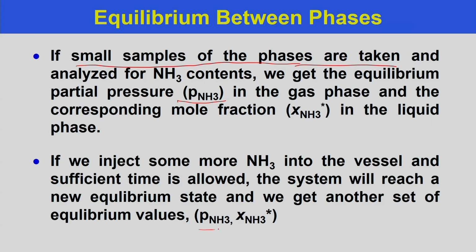We can calculate the partial pressure in the gas phase and the mole fraction in the liquid phase corresponding to that partial pressure. Note that the partial pressure in this second case, when we injected more ammonia, and the partial pressure we obtained earlier are not the same, because we have inserted more ammonia. So, the partial pressure will be different and a new equilibrium will be reached. So, we will get another set of equilibrium values at this condition.